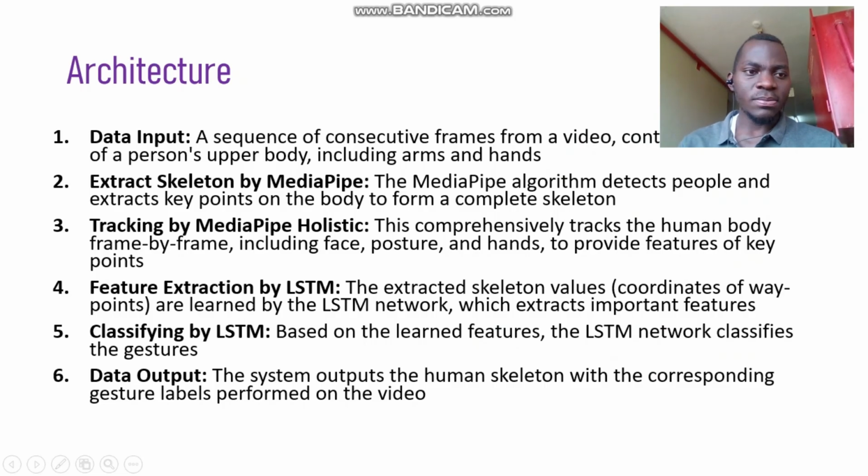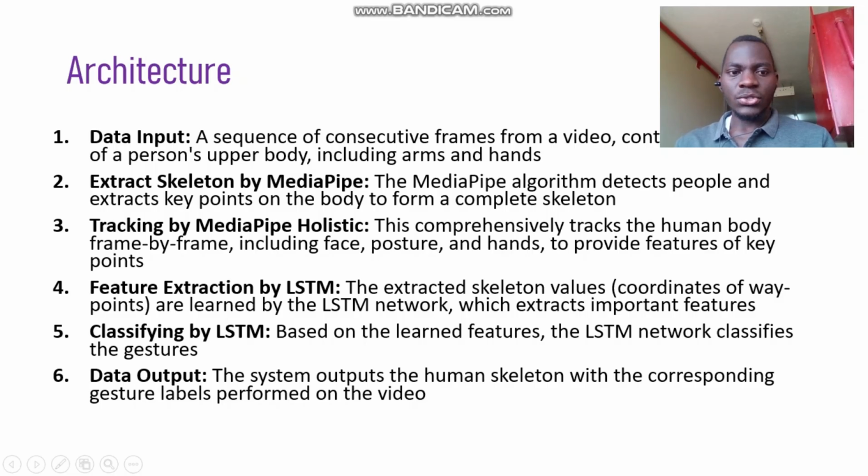So basically, to explain more of the architecture, you input data. It's going to be a sequence of video frames containing images of the upper body and arms, and then you extract the skeleton using MediaPipe. MediaPipe detects the body and extracts the key points, the joints, all of them.